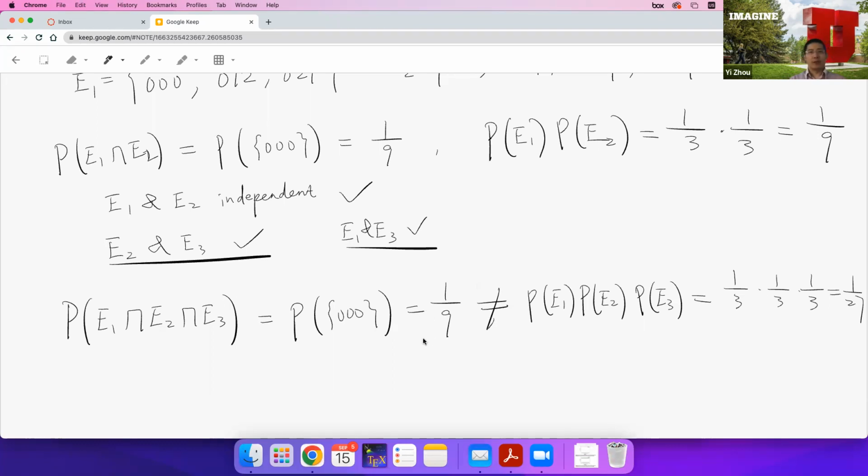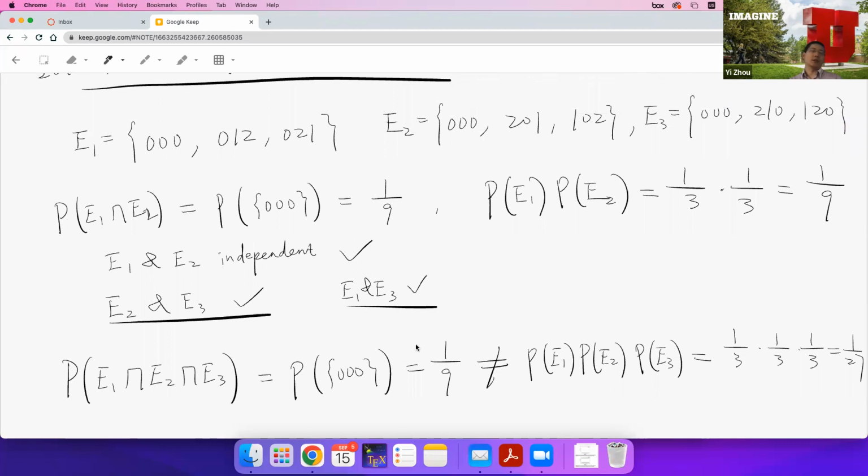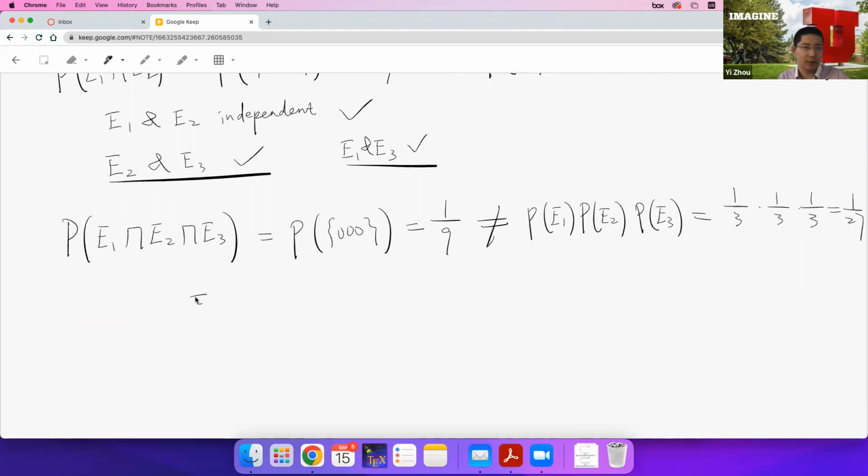So this gives an example where 3 events are pairwise independent, but put together they are not independent. So we should say these 3 events are not independent.